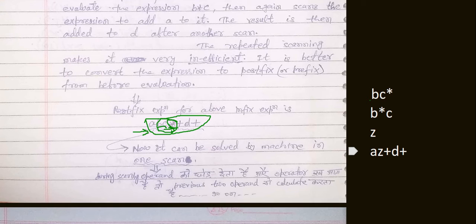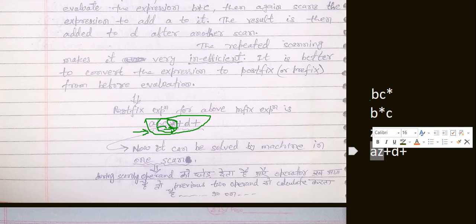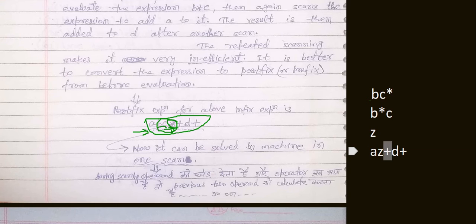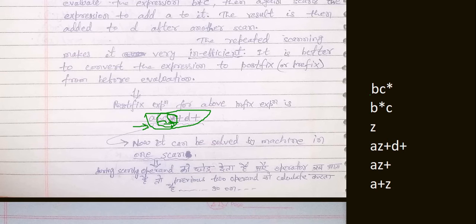Again the machine proceeds from the previous position, and the next operator is plus. Again the process is the same: the previous two operands and this operator combine to solve like this: a z plus, that is a plus z. Let's say the answer is x.